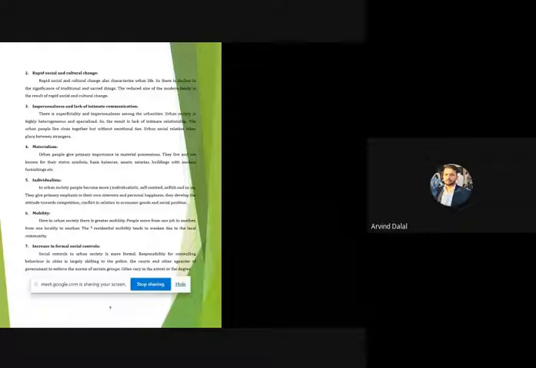And the fourth point is materialism. Facilities which are used in urban areas, like bank balances, assets, salaries, buildings, and modern furnishing. I have seen many houses in rural areas which are built as if they are in an urban city.